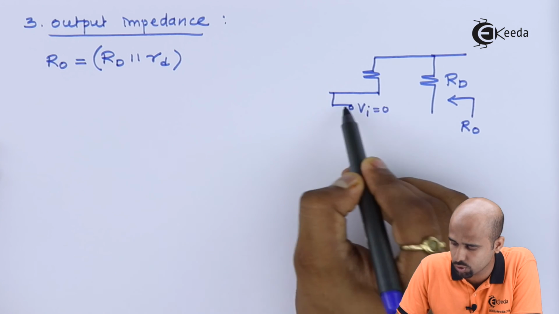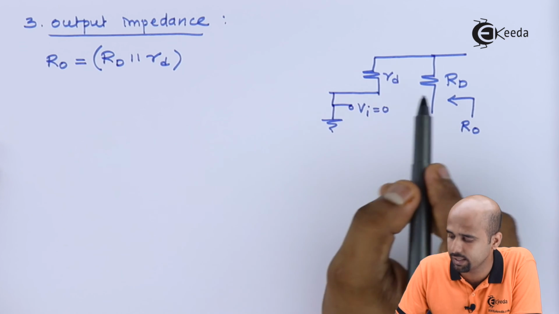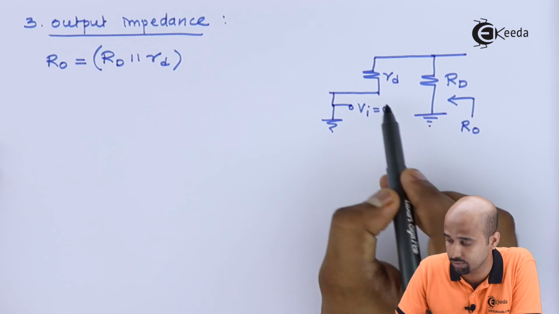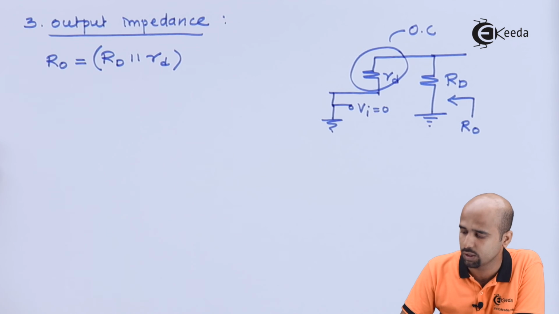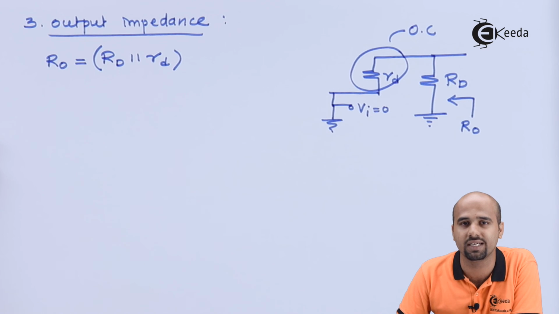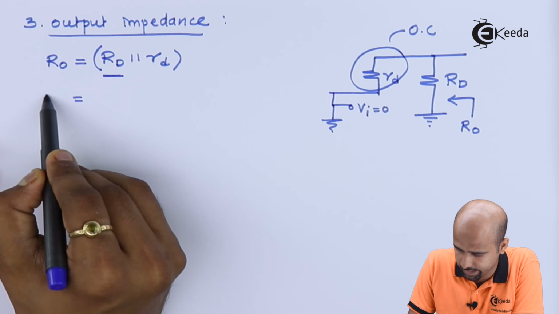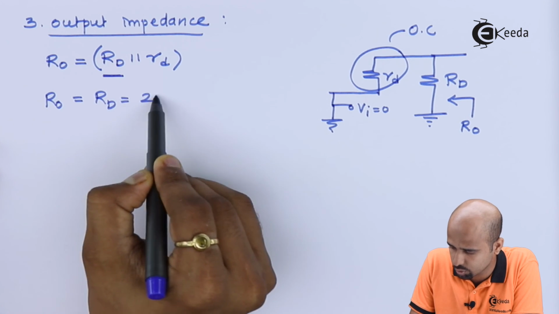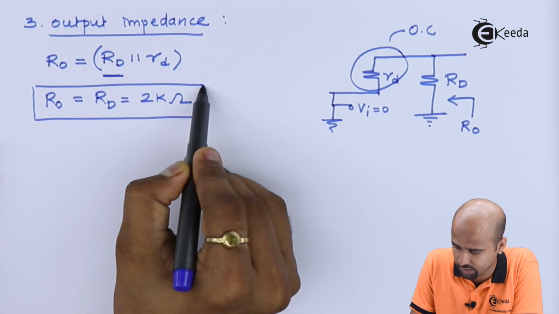So if Vi is equal to 0, then I can say that this will become grounded and small rd and capital RD will become a parallel combination. But here we do have open circuit, so small rd is neglected and only capital RD will come into picture. So directly we will get the value of RO as RD, which is equal to 2k ohm. This is the value of output impedance that we have got.